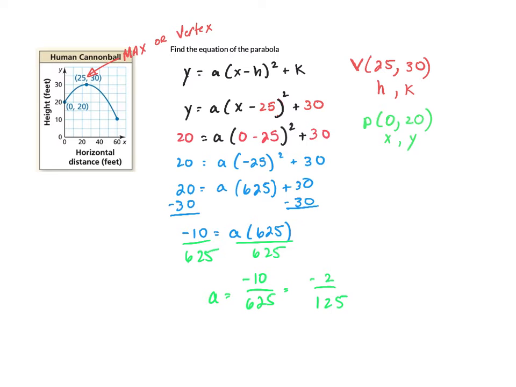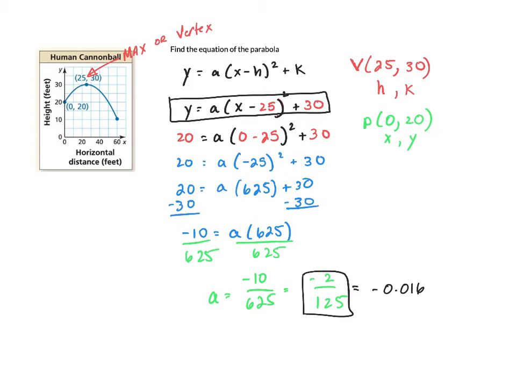In our book, they actually converted this to a decimal, which is fine. So negative 0.016. I think it's easier to write the fraction because you don't need a calculator at that point. Now, let's get to our final answer. So, way back up here, we had our equation, except we didn't know the a value.